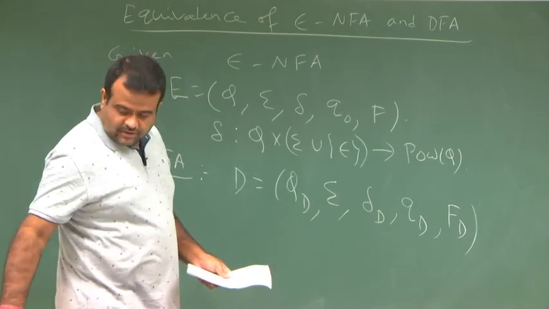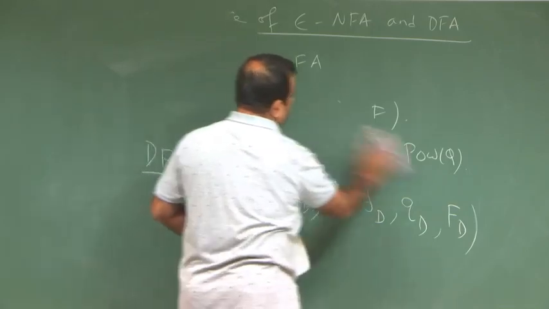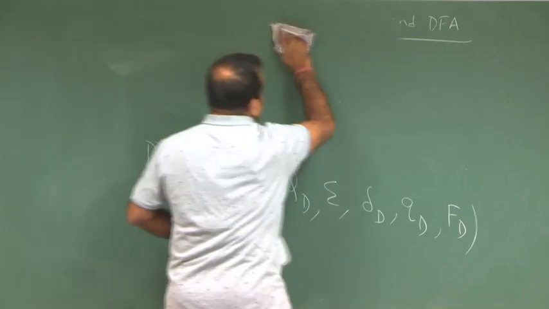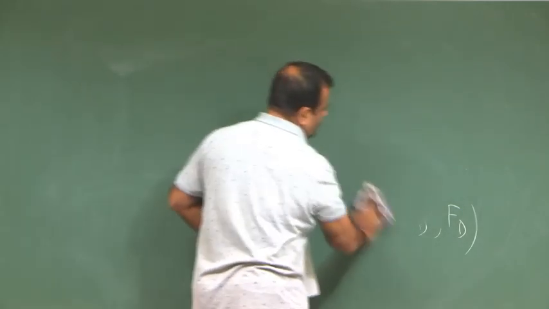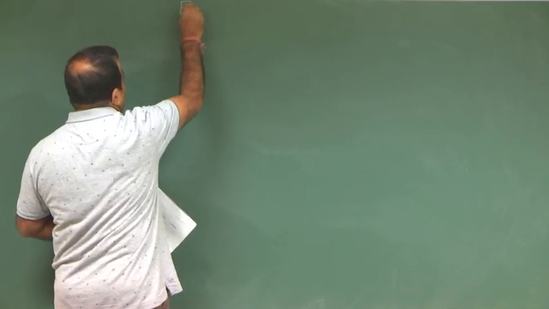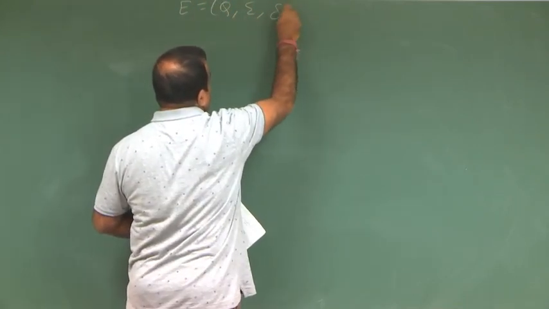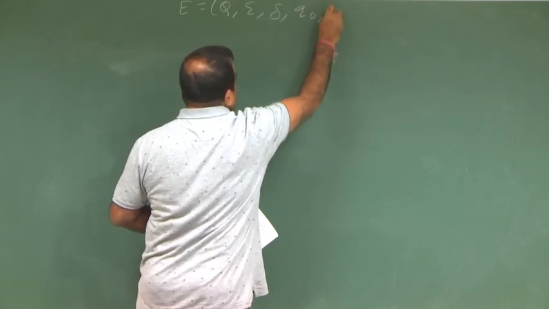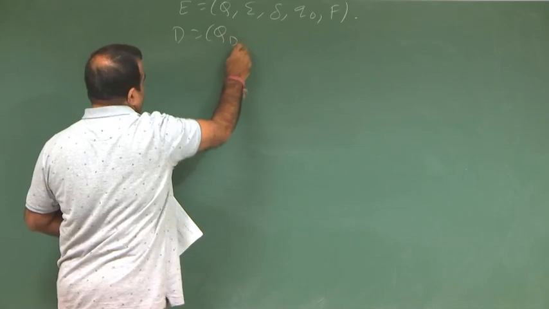So, let us just erase this. Okay, I will write it again. So, we have this NFA, okay. Now, from this we are constructing the DFA.